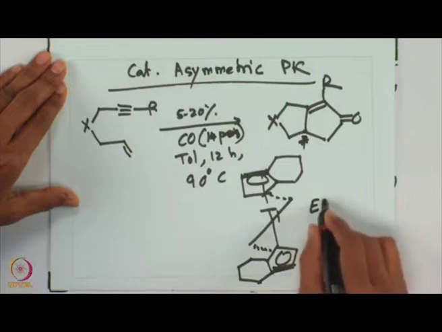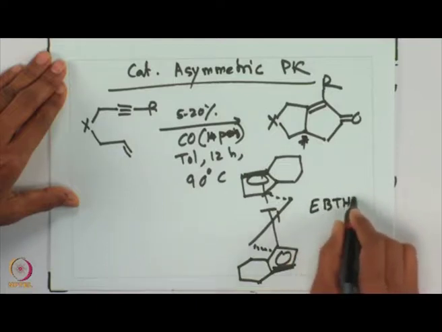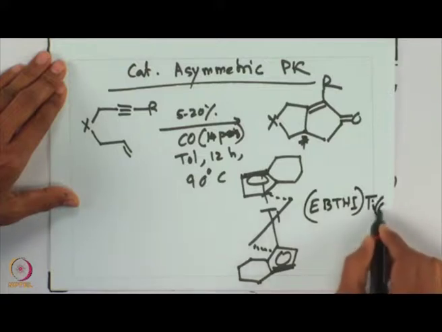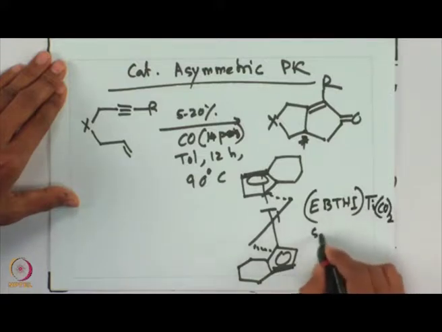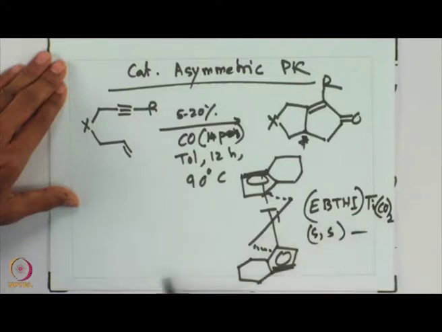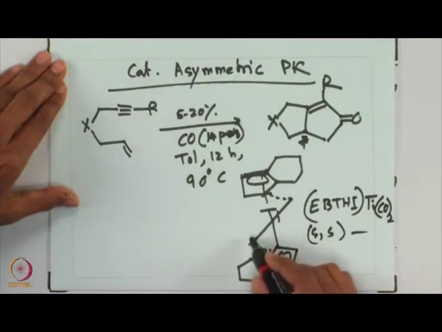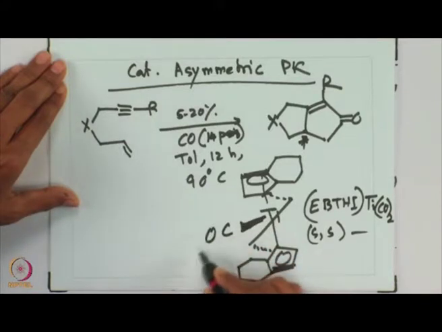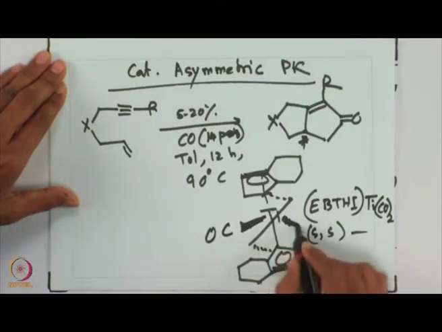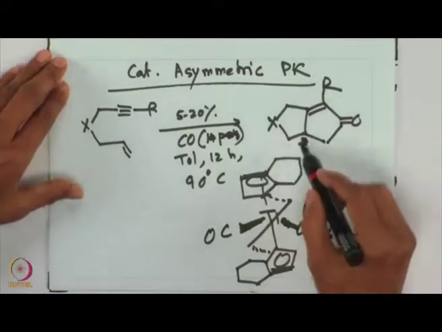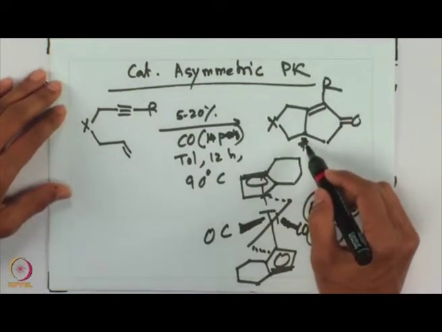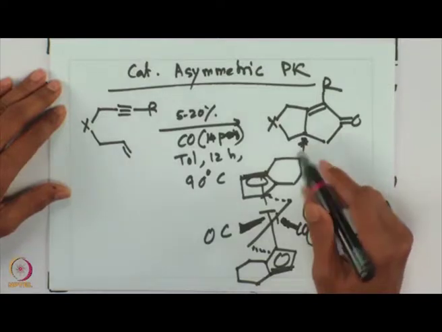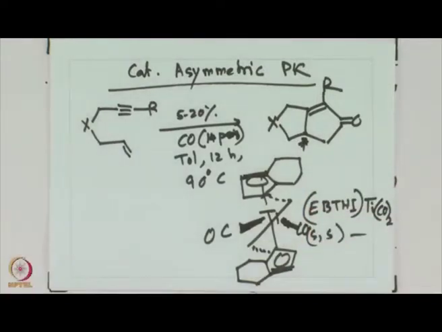So, this is EBTHI, that is how they abbreviate titanium dicarbonyl species. This is the SS version of it, and this is giving the product quite efficiently as we mentioned, and we get the asymmetric center generated in a very high EE, something like greater than 90% EE for most of these cases.